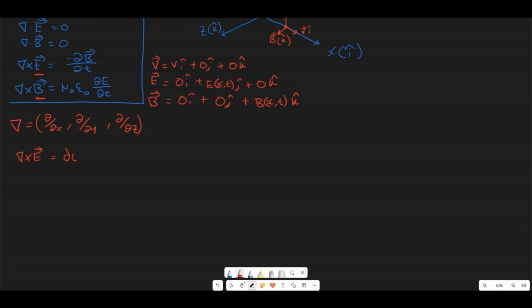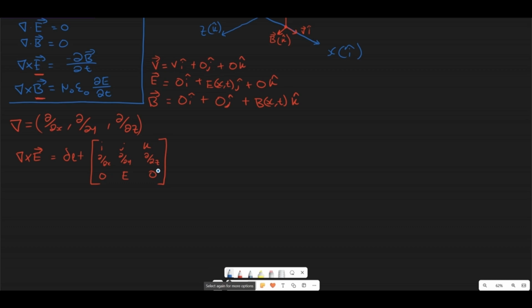So we can express this as the determinant of a 3 by 3 matrix with I, J, K, and then nabla, which is partial X, partial Y, and partial Z. And then for our electric field, we have 0, E, and 0 once again. And I should probably do this in a different color. I think blue is fine.